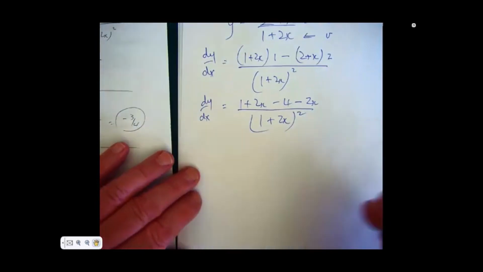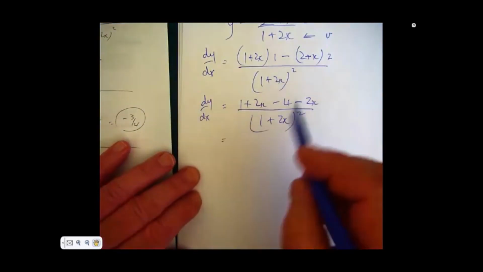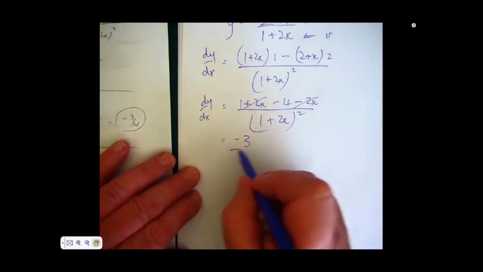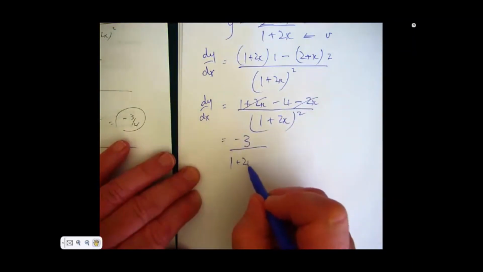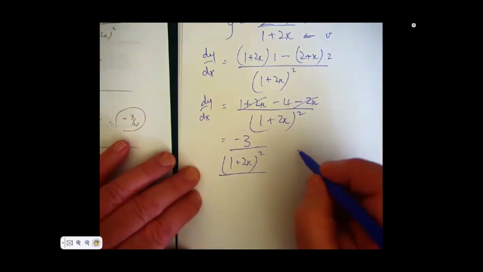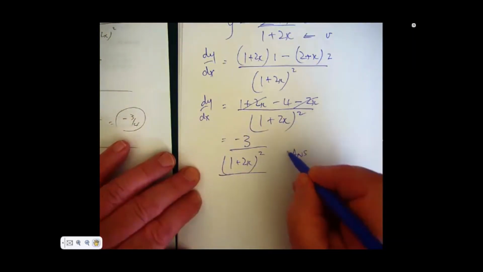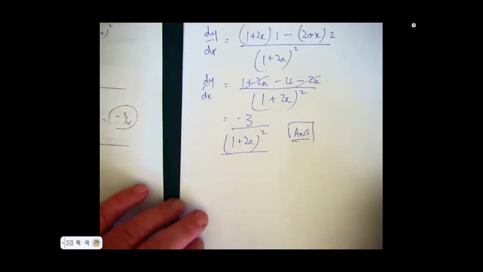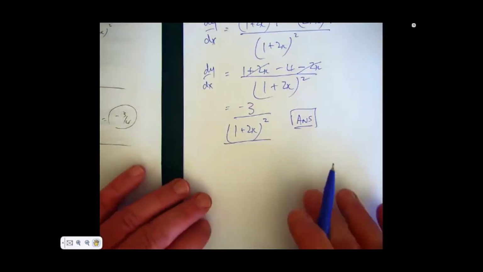This top will simplify, and 1 minus 4 is negative 3, plus 2x minus 2x is nothing. So this simplifies to a rather convenient term of minus 3 over (1 plus 2x) all squared. And leave the answer like that, unless the examiner wants you to expand it out. Normally they don't. Normally they're quite happy to leave that.